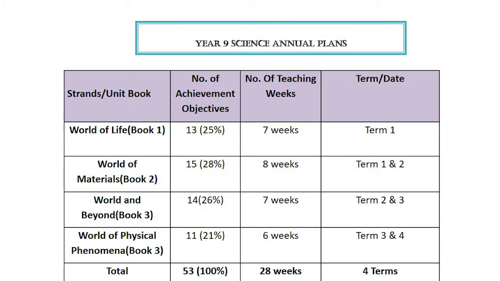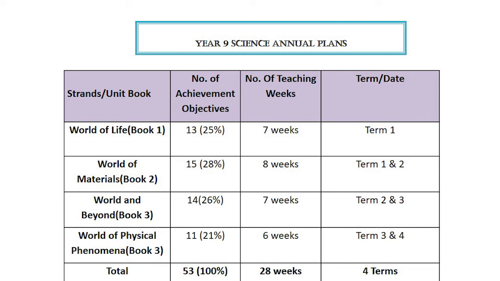Now you can have a look at the example of the annual plan, the Year 9 Science annual plan. A subject annual plan is 1 page, so that will be easier for you to look at and follow.